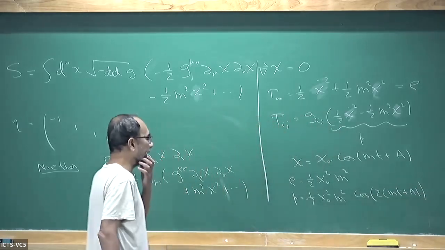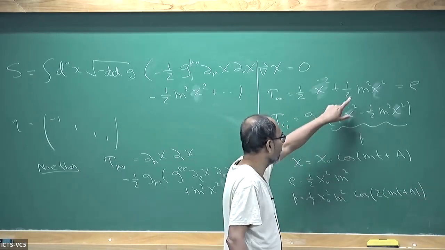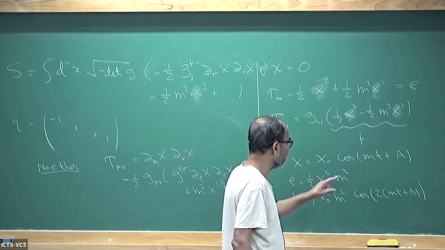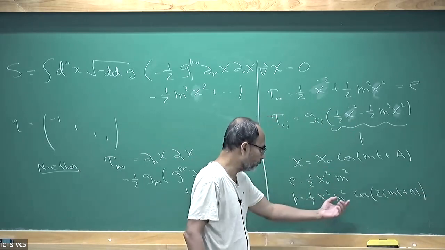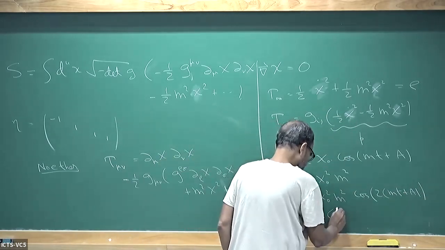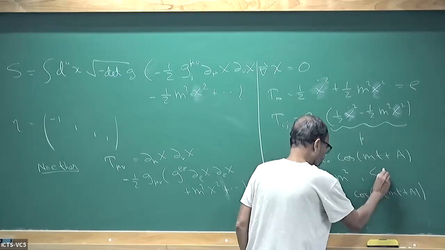Basically for rho you get sine square plus cos square of this, whereas for P we get sine square minus cos square. That's what produces this cosine of 2 of this, and this means that the average of P is 0, whereas the average of rho is non-zero.